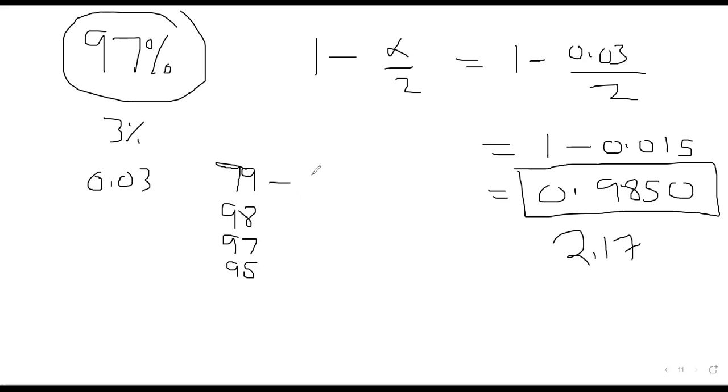So what is the Z for 99? 2.58. Okay, what is the Z for 98? 2.33. The Z for 97? Try again.